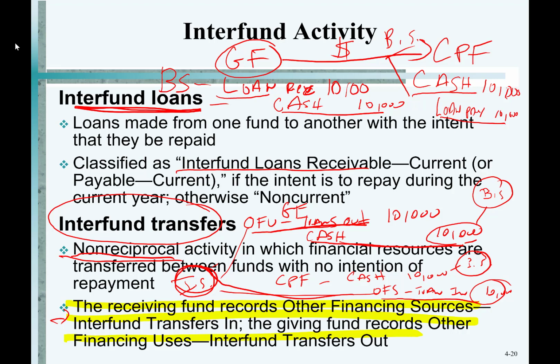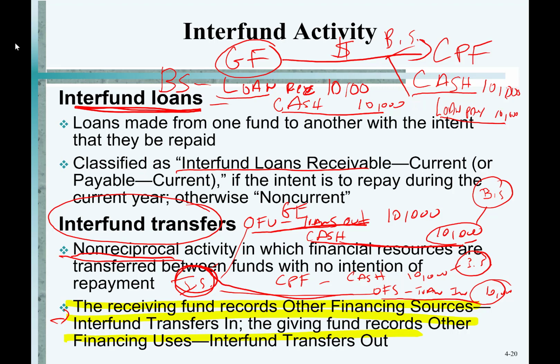Interfund loans. If somebody loans you money, are you supposed to pay it back? Yes, you are. So if one fund loans another fund money, the idea is that the borrowing fund will pay back the lending fund. Do you see balance sheet, BS? The general fund loaned $10,000 to the capital project fund.